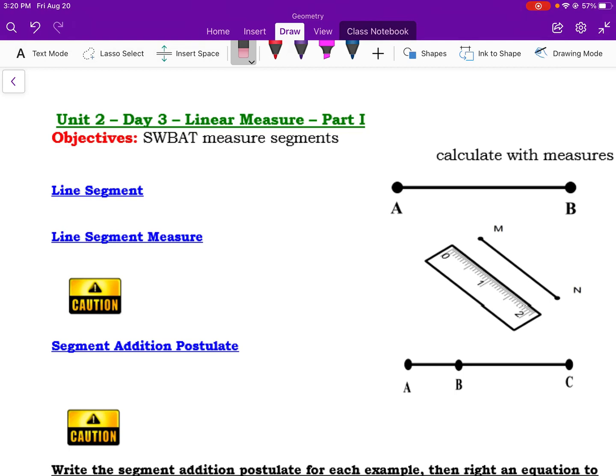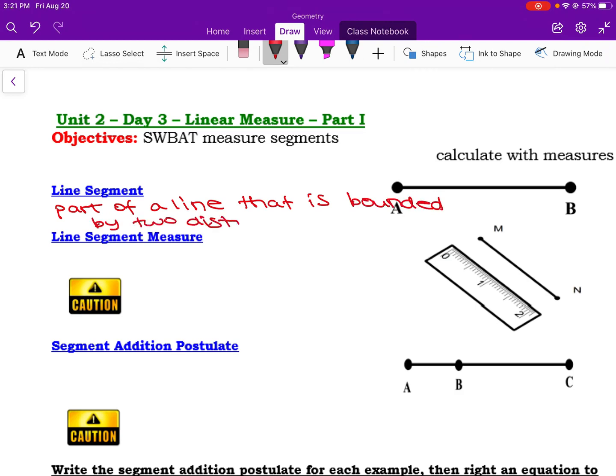So first of all, a line segment we are going to define as part of a line that is bounded by 2 distinct endpoints.